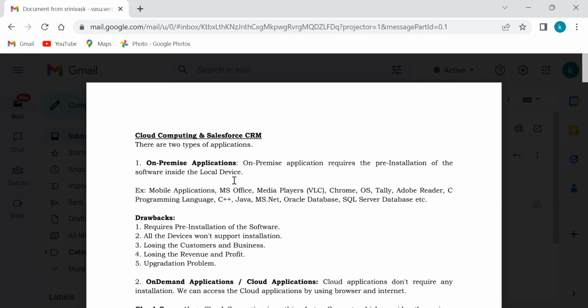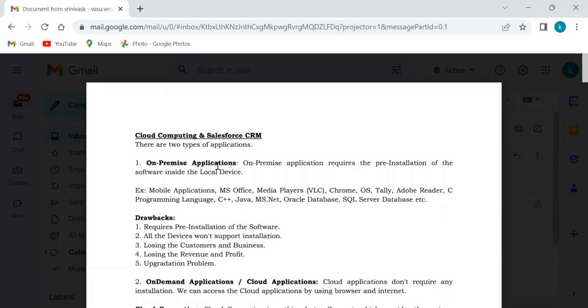Okay, so first let us start with on-premise applications. On-premise applications are those that require pre-installation of the software inside the local device. That means you need to install the software inside the local system; without installing it, you cannot use these applications.